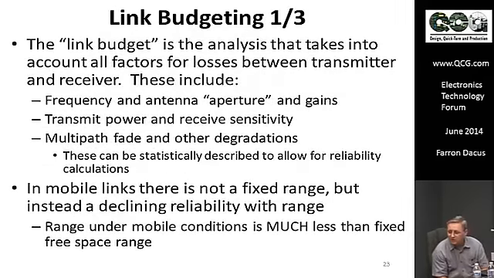This is about the only thing in this introductory presentation we're going to look at any of the real math on, because it's fairly simple and it's very important to grasp the basics of it. Okay, the link budget is this simple analysis that takes into account all the factors that govern how much received signal strength is available.